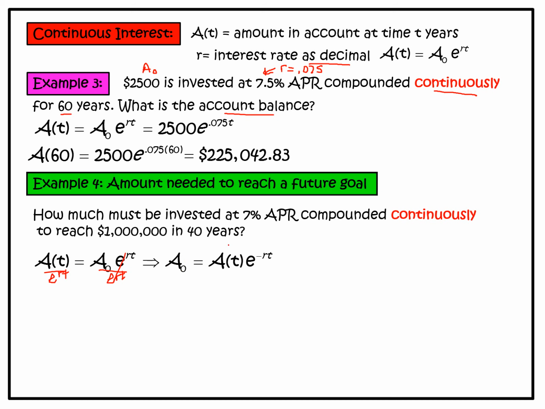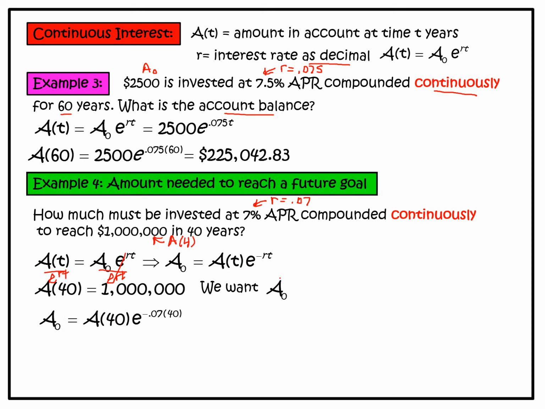So what do we know? Well, we know that after 40 years, we've got $1 million. So this is actually the amount at time 40. And we also know that our interest rate is 7%, so R is 0.07. So we can plug that stuff in here. So A of 40 is 1 million, and we want A0. So our A0 is going to be A of 40 times e to the negative 0.07 times 40.